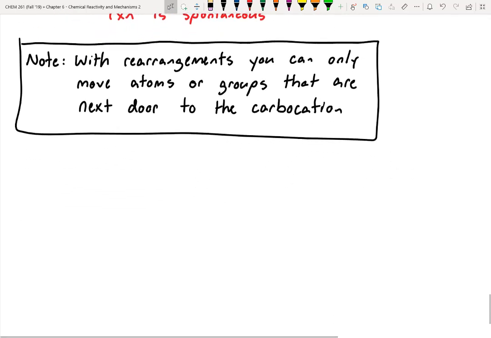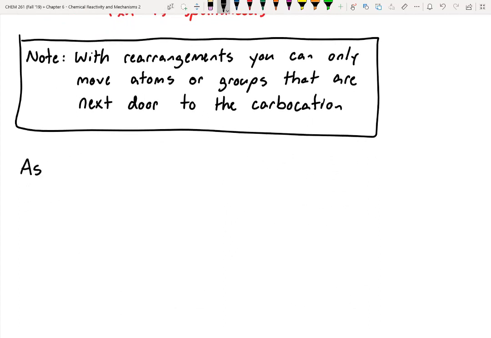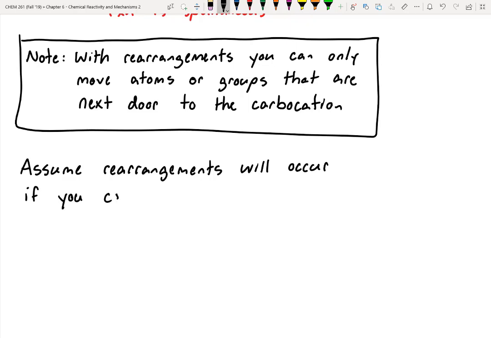So assume rearrangements will occur if you can form a more stable carbocation. Does that make sense?